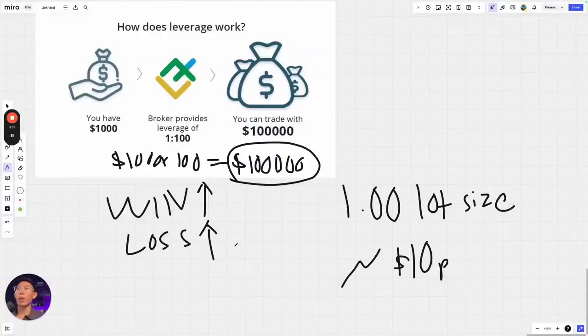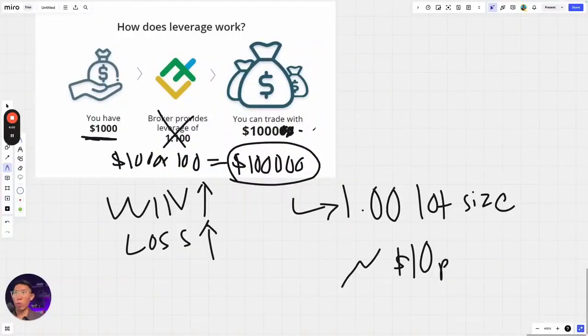$10 per pip. But without leverage, let's say you take leverage away and you only have $1,000, that means you can only trade with $1,000. In that case, do you think you will still be able to use this 1.0 standard lot size? No, because you need 100k inside your account in order to trade one standard lot size.